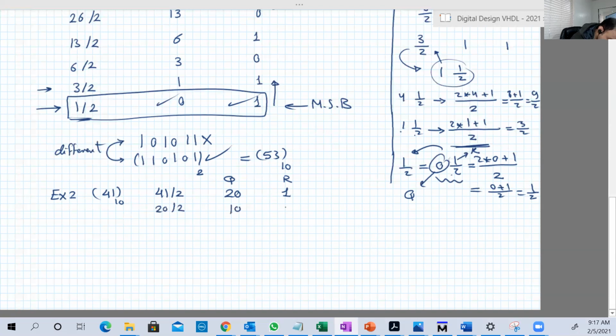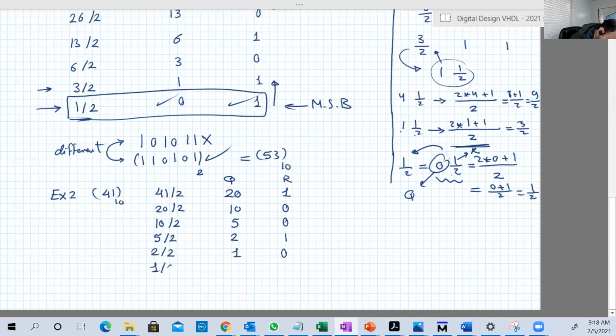This will give us 10, and a remainder of 0. Then 10 by 2. This will give us 5, and a remainder of 0. 5 by 2. This will give us 2, and a remainder of 1. Then 2 by 2, this will give us 1, a remainder of 0.